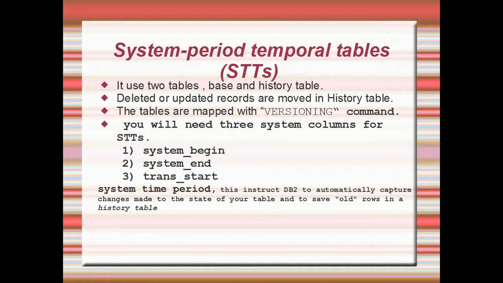And the history table will be used for moving data from the base table whenever there is an update or delete triggered on the table. So deleted or updated records are moved to the history table.